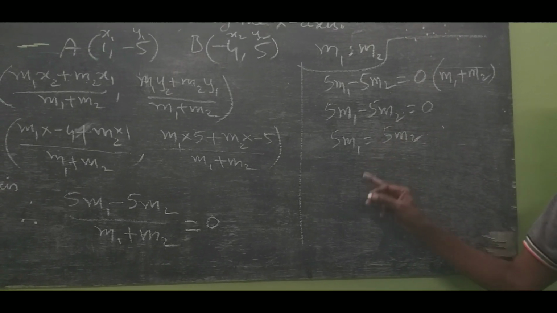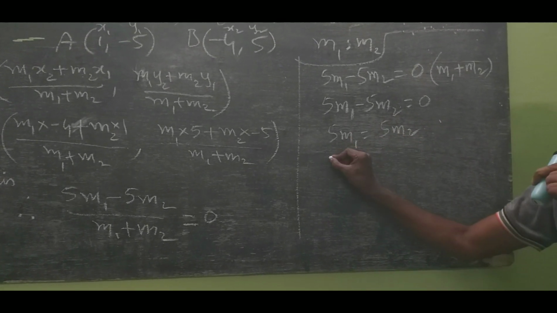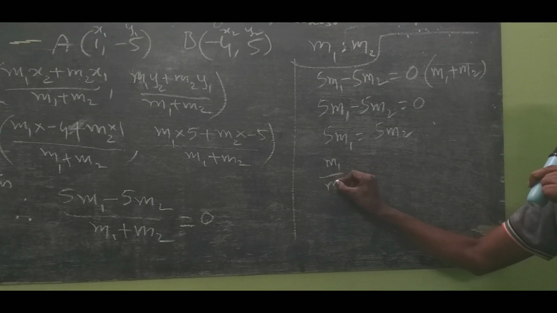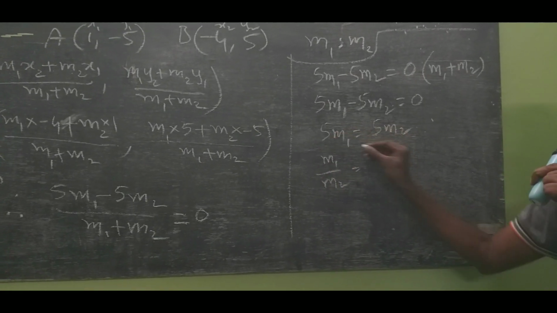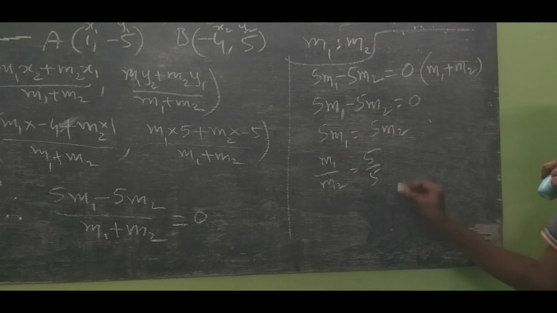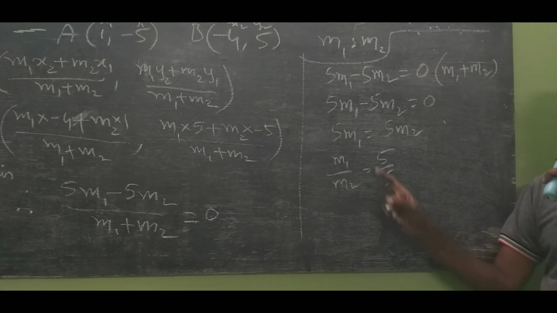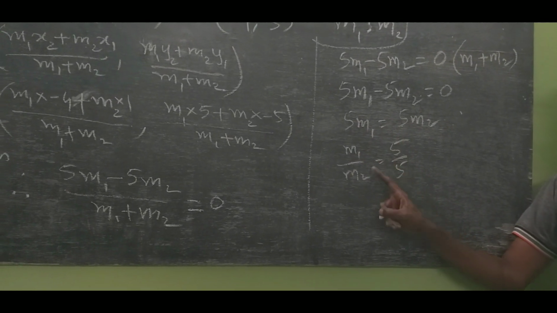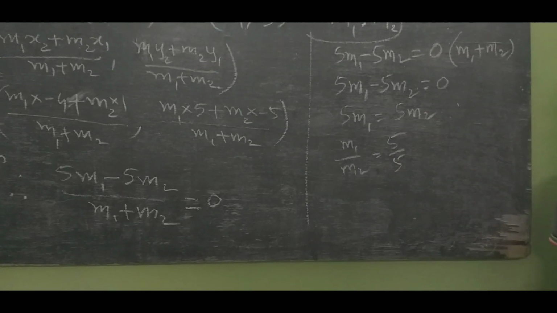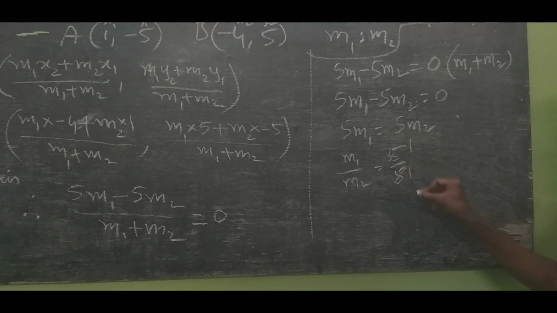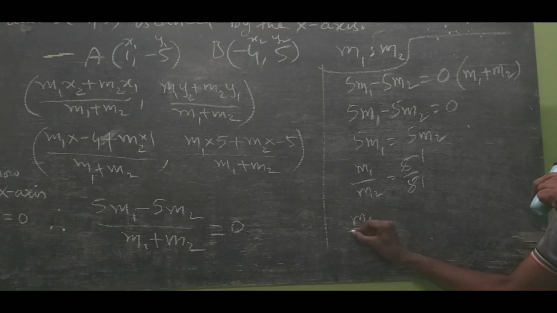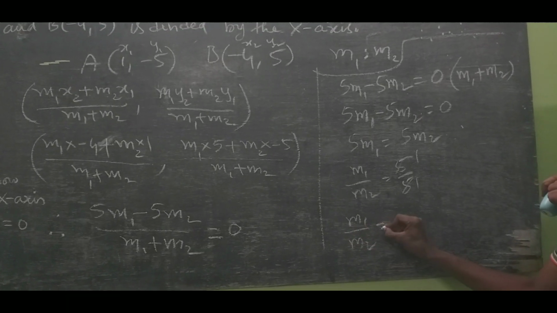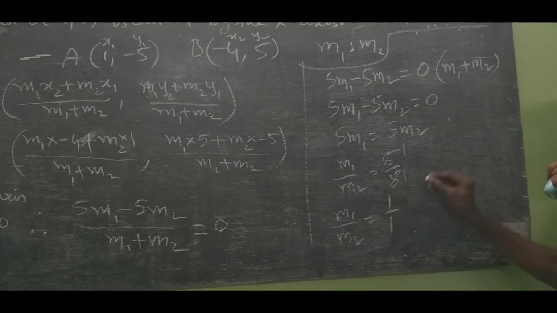Now you can write this as m1 by m2 is equal to 5 divided by 5. Just check by cross multiplying: 5 into m1, 5 m1 equals 5 into m2, 5 m2. So the 5s cancel, and m1 by m2 is equal to 1 by 1.